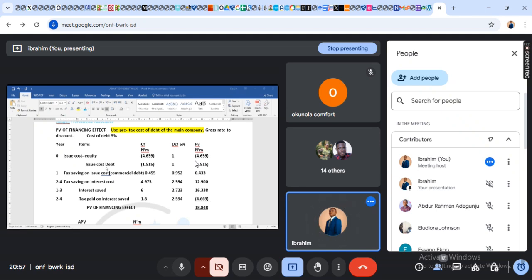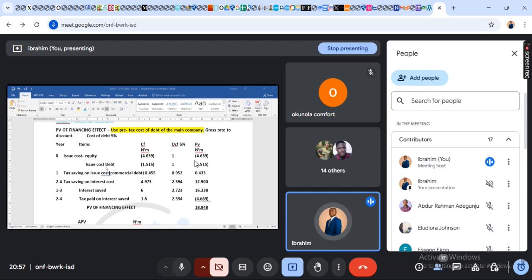I said it is the pre-tax cost of debt, and the cost of debt is the cost of borrowing. The subsidized rate in the previous question that we saw is 3%, and the commercial rate is 5%. I said use the pre-tax cost of debt of the main company.